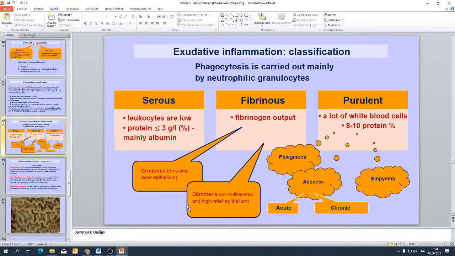Start of inflammation. Who is present at the lecture and answers me?